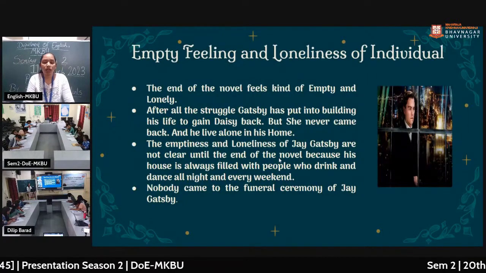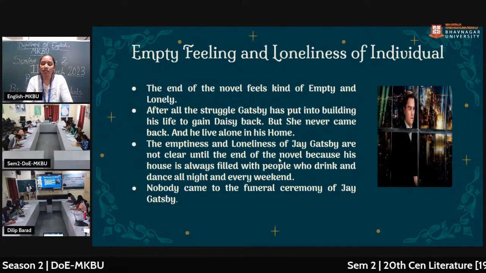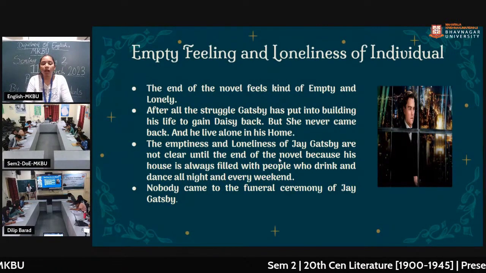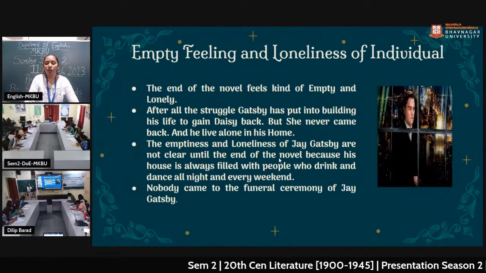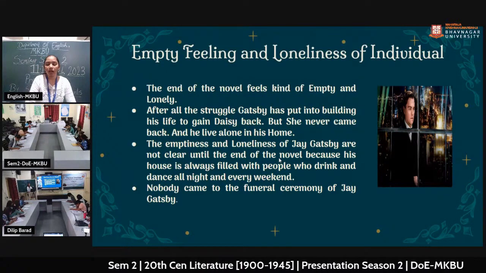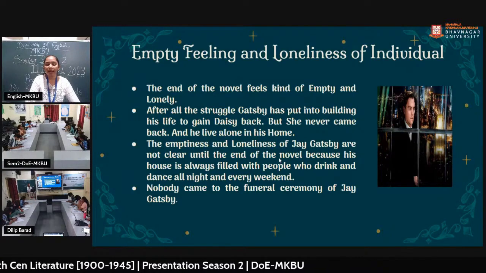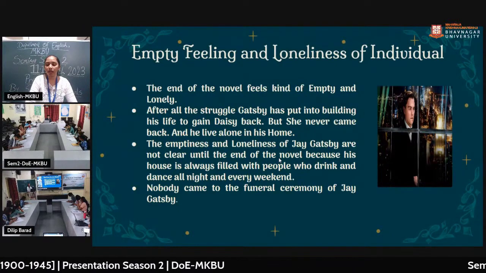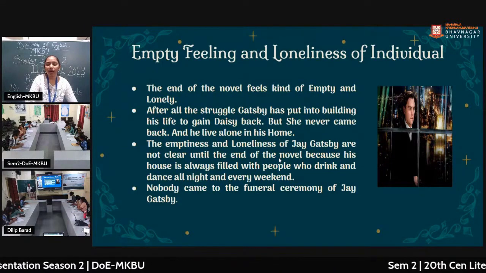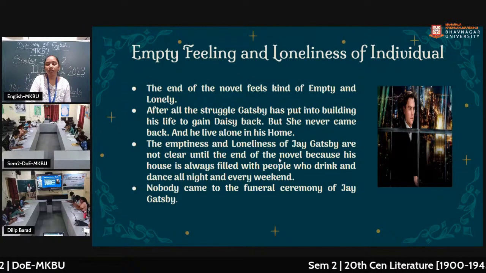Another is the empty feeling and loneliness of individuals. The end of the novel feels empty and lonely. After all the struggle Gatsby has put into building his life to gain Daisy back, she never came back and he lived alone in his home.